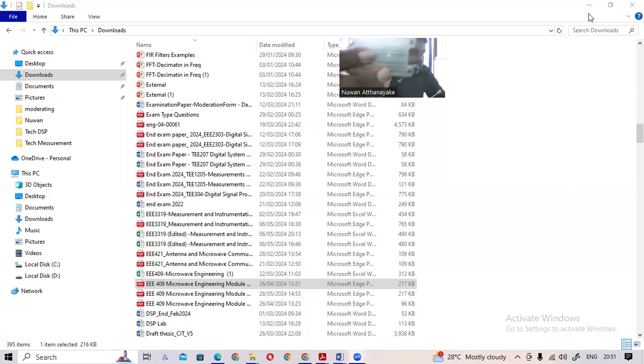And how many ports are here? If you consider this one, there are 4 ports. Maybe you can remember 1, 2, 3, 4. These ports are for power. Sorry, this is a 5-port. 1, 2, 3, 4, 5. This is a 5-port.